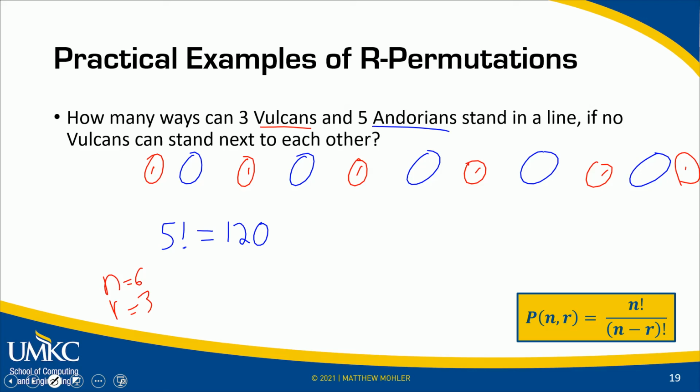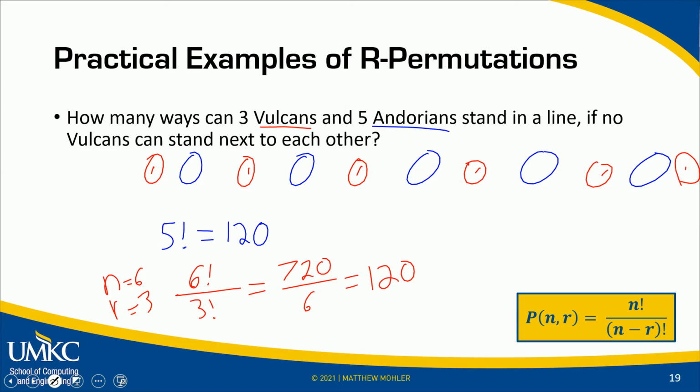So in this specific scenario, what we're left with is N factorial, or 6 factorial, divided by N minus R factorial, which is going to be 6 minus 3, or 3 factorial. And what we'll find is that this is equal to 720 divided by 6, which conveniently is also equal to 120.